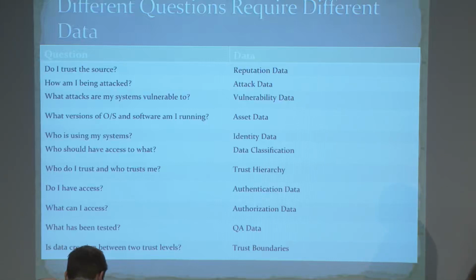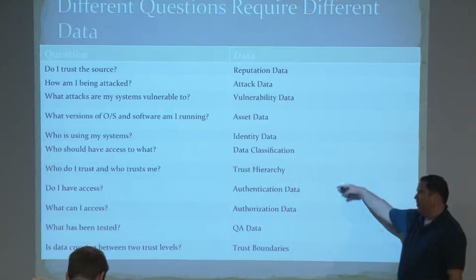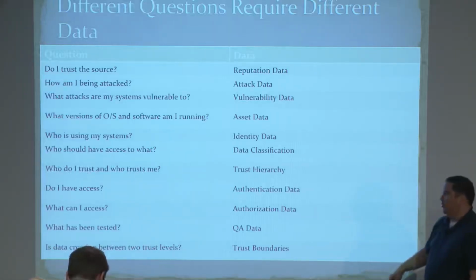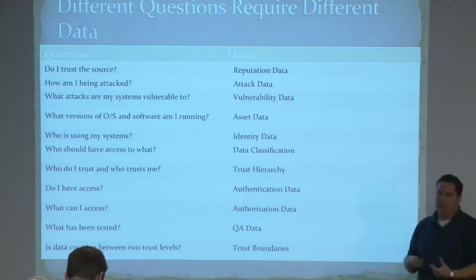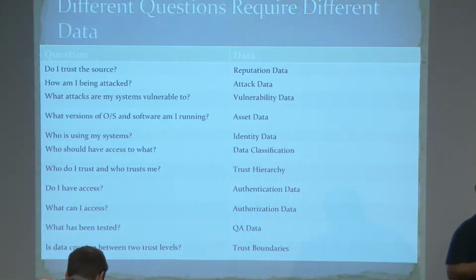Or if the question is, who do I trust and who trusts me, maybe I have some sort of a hierarchy. Or what can I access? There's probably some sort of authorization data. All these different questions have different answers, and those answers are usually sitting in silos somewhere. What we need to figure out is how to take that data, break it out of those silos, feed it off, and do work on it.